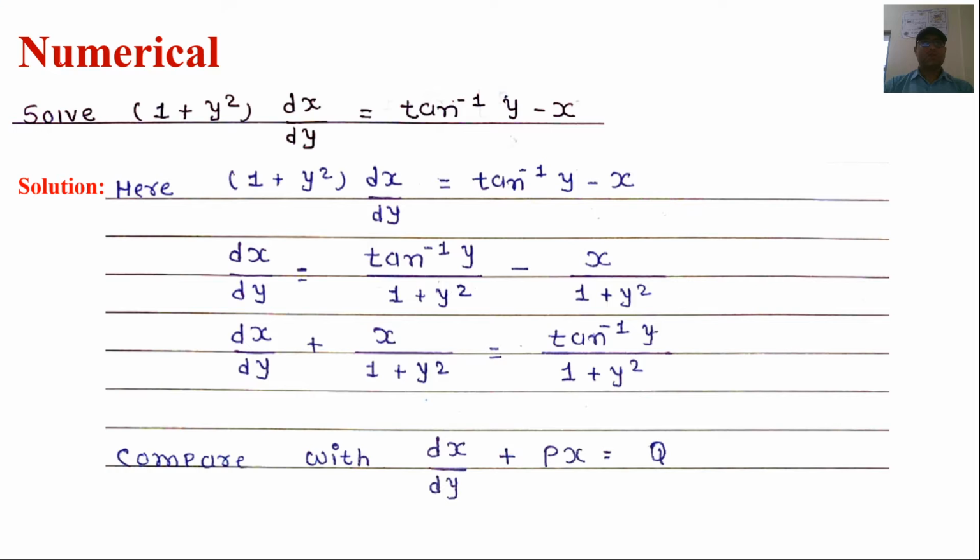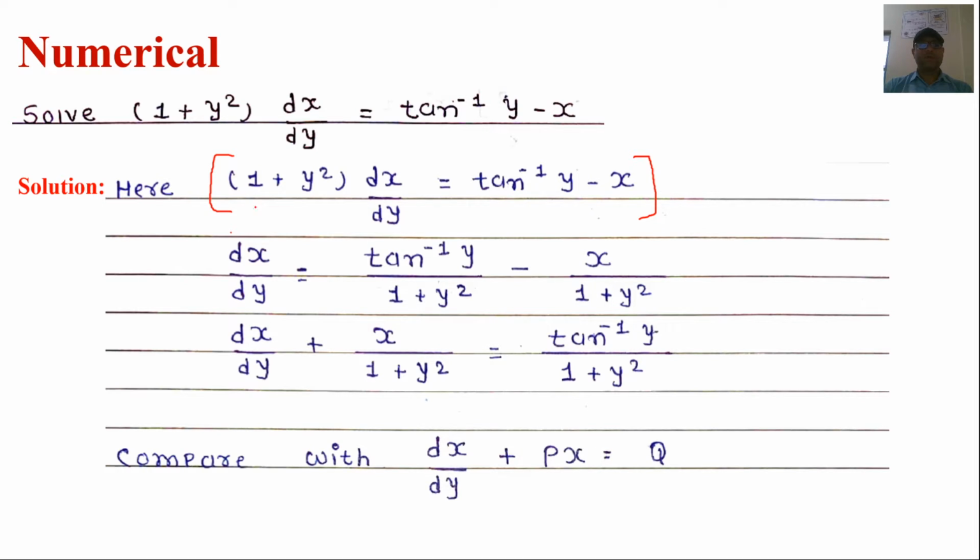So let us take the first numerical of today's video session. The given differential equation is (1 plus y square) dx upon dy is equal to tan inverse y minus x. First, you can observe that by modifying the given differential equation, you can convert it into a linear differential equation.